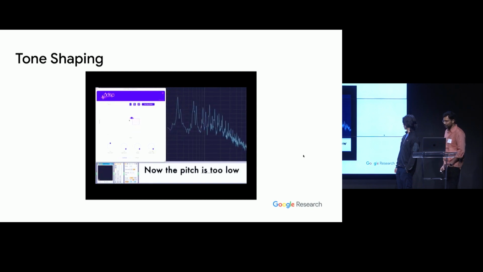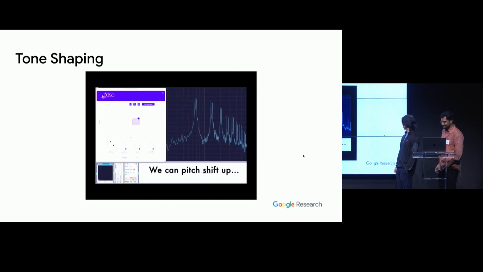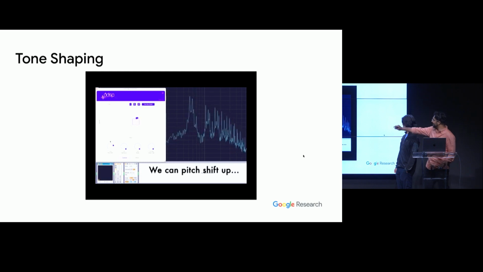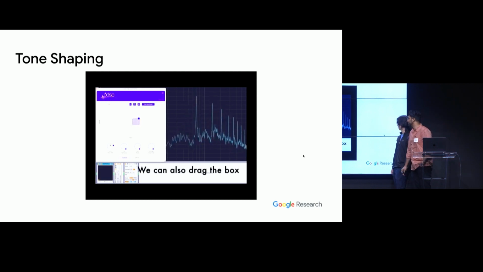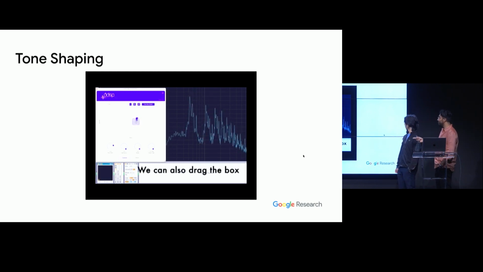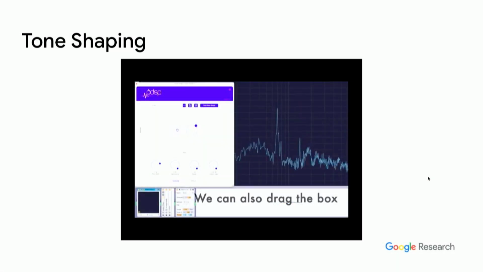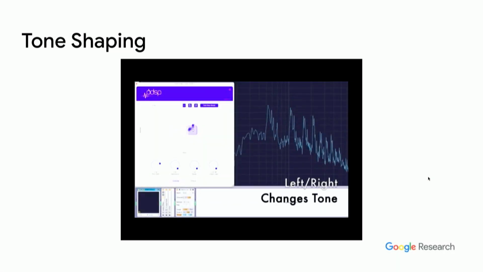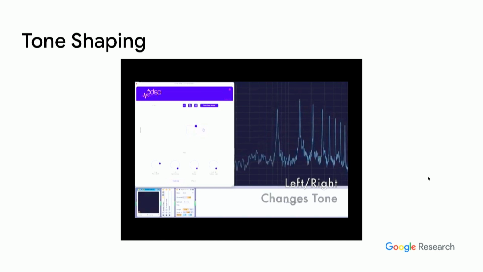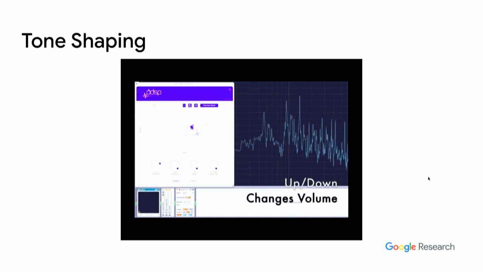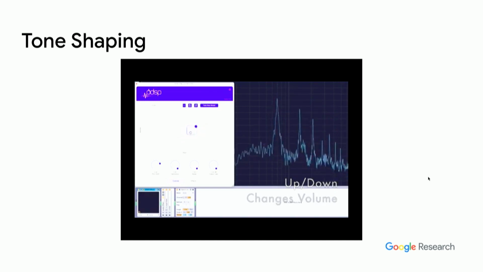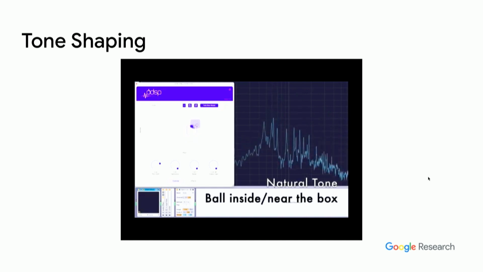Change it to a flute model. So now you can see that the ball is in that highlighted region. But you can also drag that box and do fun stuff with it. As it moves to the left, you hear a low pass effect. As you move to the right, you hear the higher harmonics being added in.